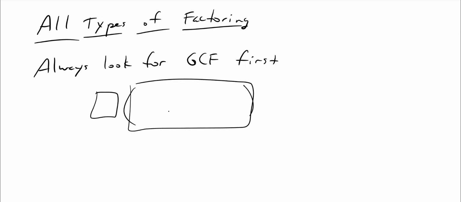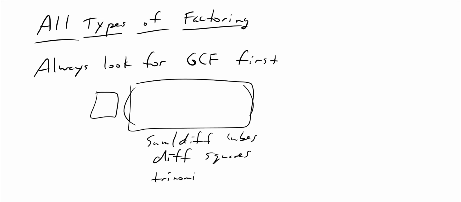So then this is either going to be sum or difference of cubes, difference of squares, trinomials, which means use the X method, slide and divide, or you can't factor that last part.